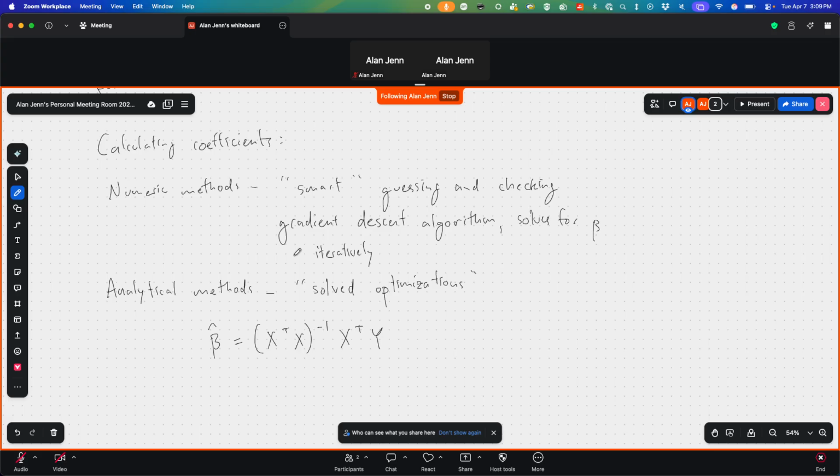That -1 refers to a matrix inverse operation, which is actually fairly memory intensive. In the area of big data sets, if you're trying to run linear regression on things that have thousands, tens of thousands, maybe even millions of columns of different variables, this becomes memory intensive very quickly.